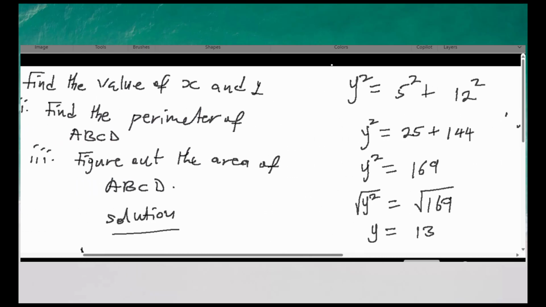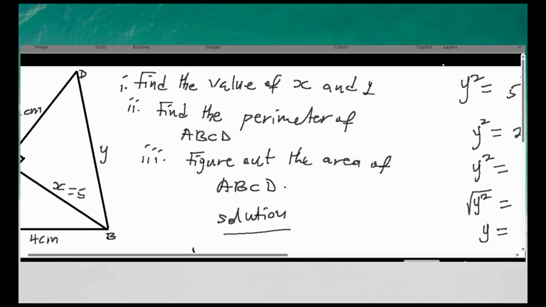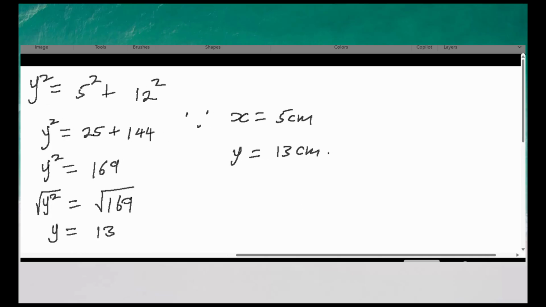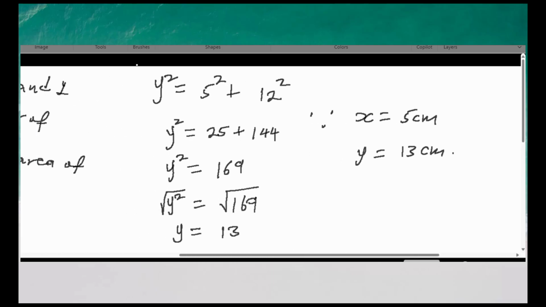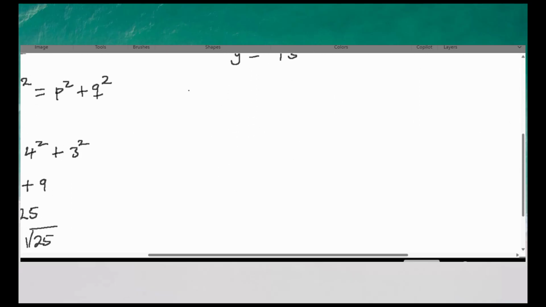Now the next one says that we should find the perimeter of ABCD, right? So to find the perimeter of ABCD, what we've got to do is this.